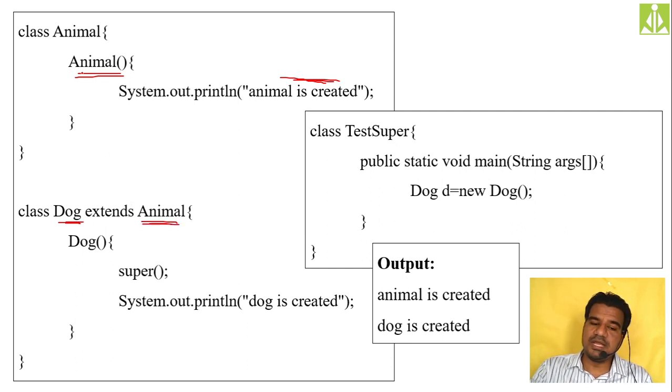When you are extending, the constructors will not be inherited. Inside the dog class, I'm creating the dog class constructor, and in that I'm keeping this message, dog is created. But before that, I'm keeping this super as well.